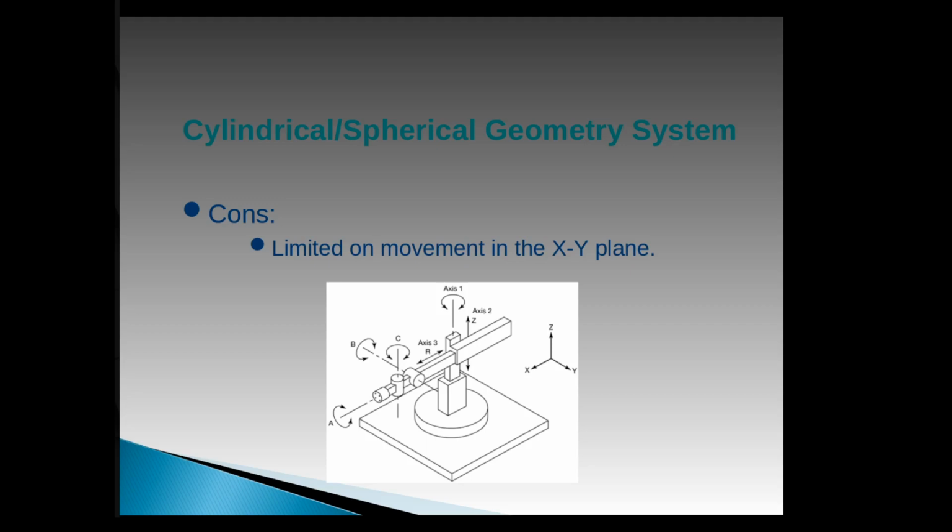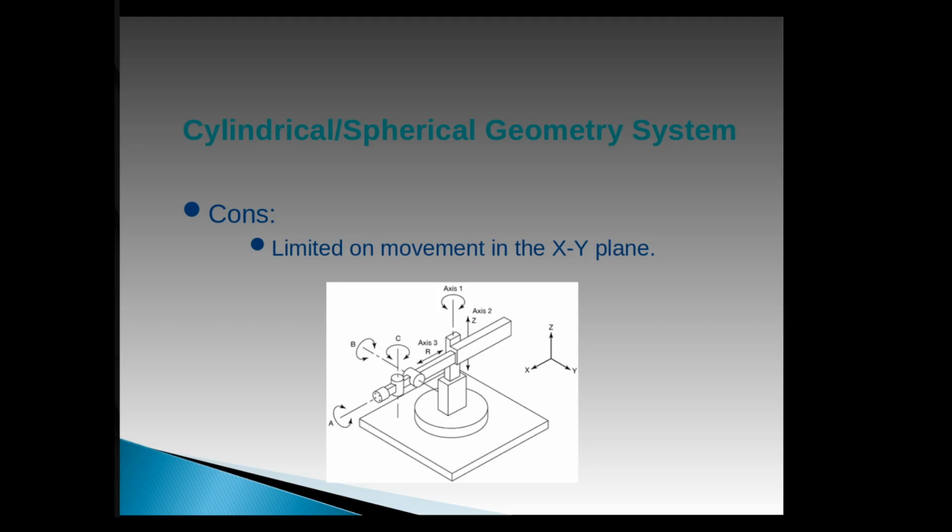We could do it with our Cartesian, and when we get to articulated here in a moment, we can do it with that. But with the cylindrical or spherical, you can't get that end of arm tooling to move in a straight line. I mean, you can move it straight in and out along that third axis, but not when you're moving left and right in the X and the Y, or in a couple of the directions, depending on how you define your frame.